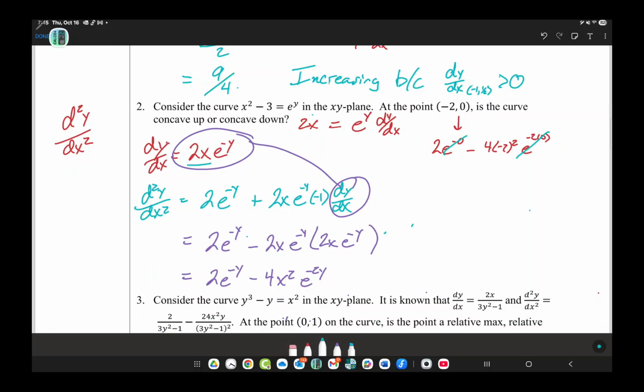So we get 2 minus 4 times 4, which is 2 minus 16, which is -14. So because it is negative, our answer is concave down, because d squared y dx squared at (-2, 0) is less than 0.